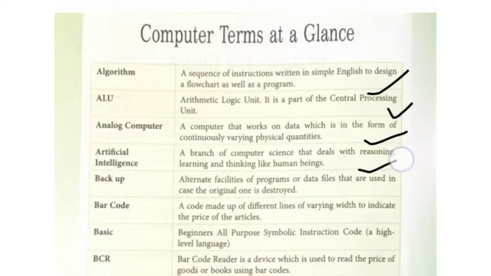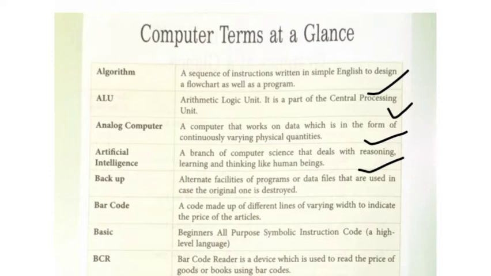Next is artificial intelligence. What is artificial intelligence? A branch of computer science that deals with reasoning, learning and thinking like a human being.